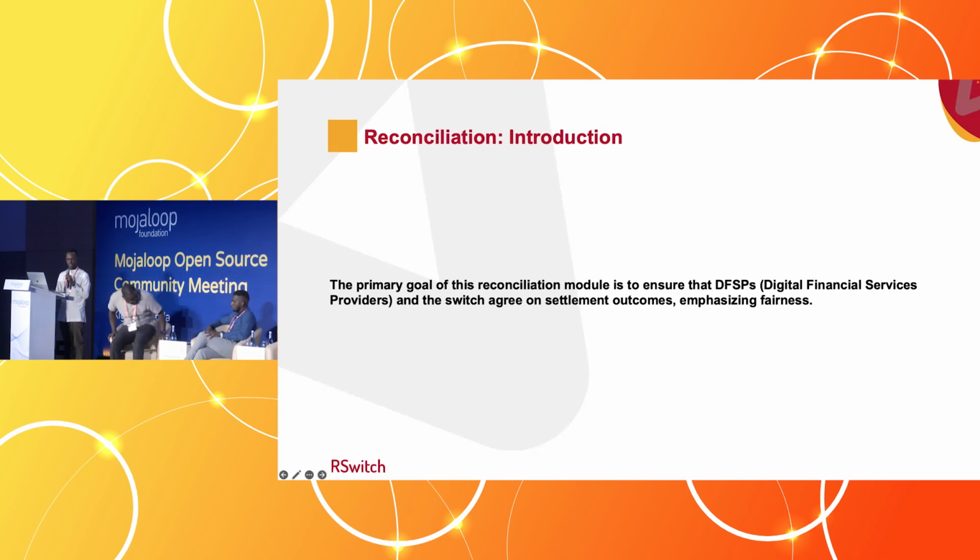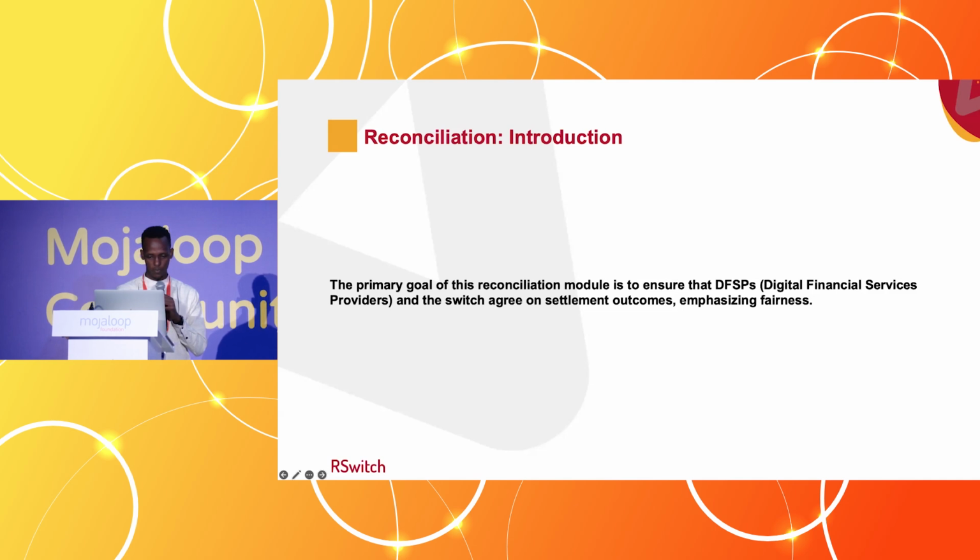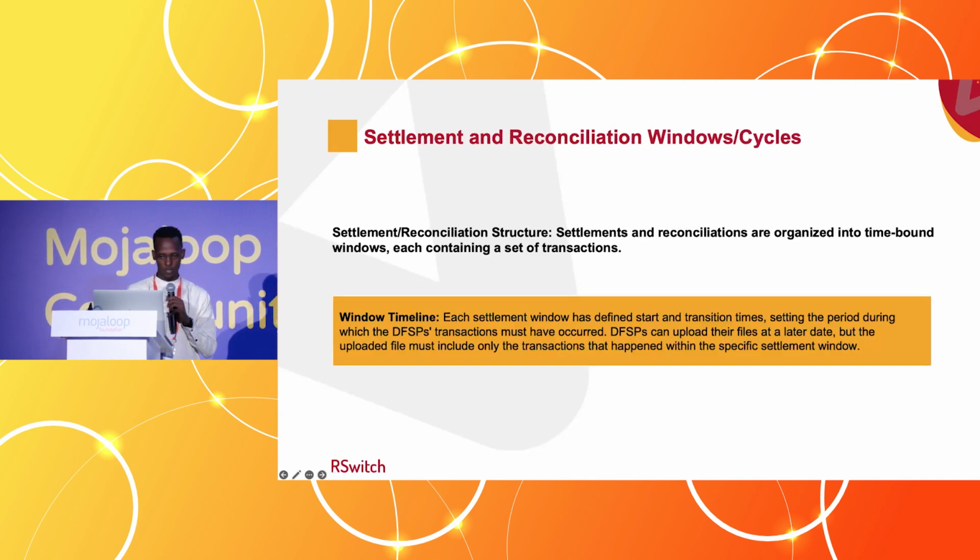Thank you. My name is Richard. I'll try to go through how it works before we start with the demo. Starting with reconciliation: our reconciliation is based on the settlement that was built by Mojaloop.